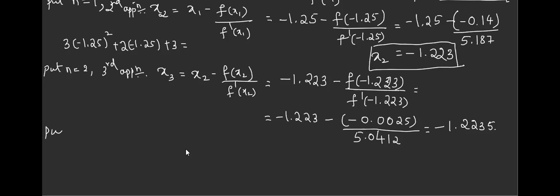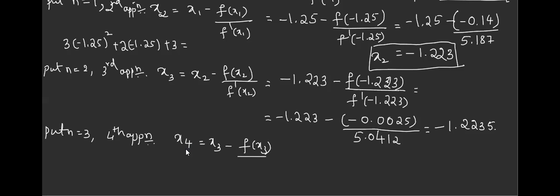Just put n equal to 3. We'll get the fourth approximation. If it is not mentioned, you can go up to 4 approximations. If the difference is larger, you have to go for one more.